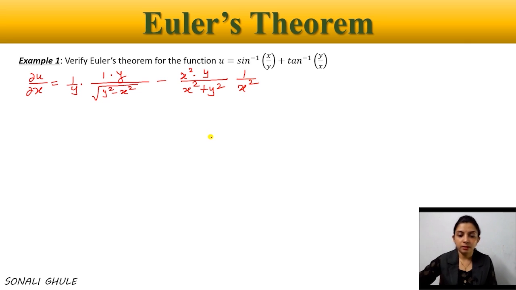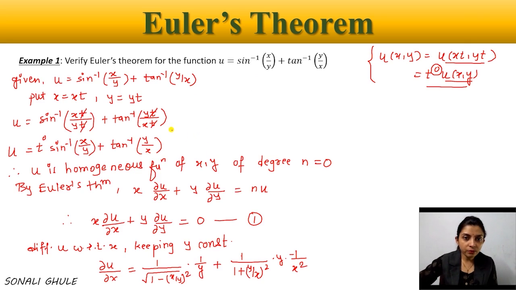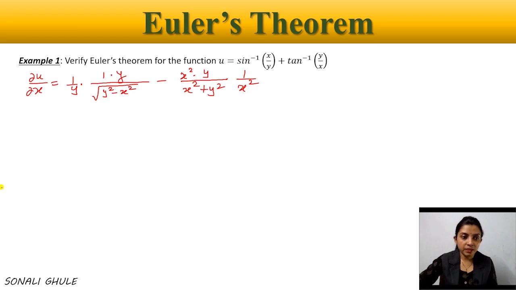Now I have to multiply this term by x because in our proof, our partial derivative dou u by dou x is multiplied by x. So multiply by x here. I hope you all understood why I am multiplying this by x.